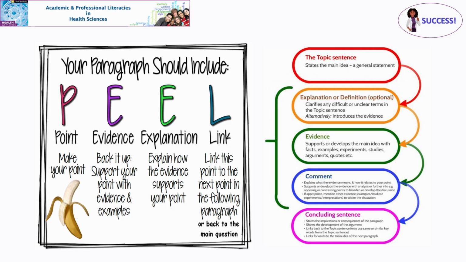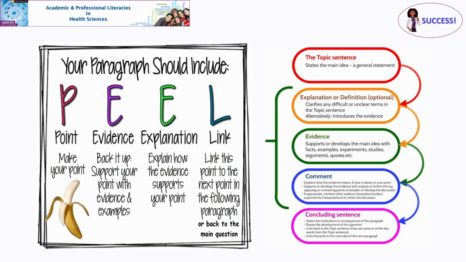But what else do you need in your paragraph? Well, we can think of this acronym PEEL. We need to make the point, which is the topic. We need to provide evidence to back up and support our main point, with evidence and examples from other sources. Explanation: we need to explain clearly the evidence that we've brought into this paragraph, how it supports our main point or topic.